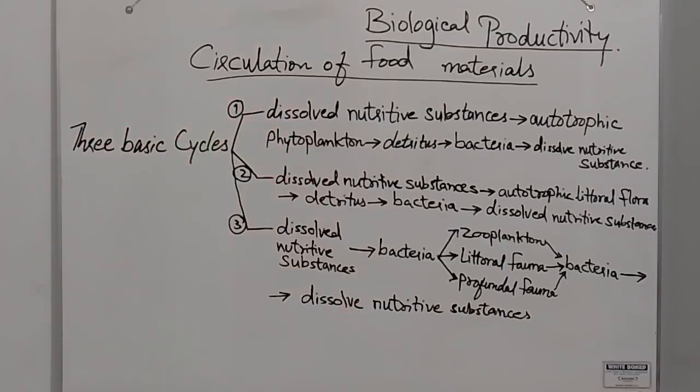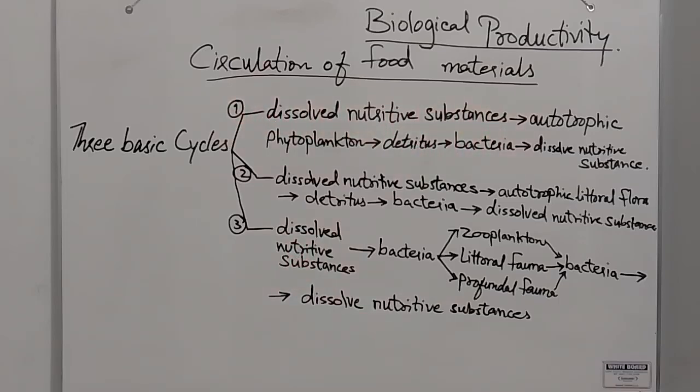Number one, dissolved nutritive substances, meaning how these dissolved nutritive substances are present in lakes. Their end product is the same: in the second cycle you can observe the dissolved nutritive substances, and in the third, also the dissolved nutritive substances, but their path is different.